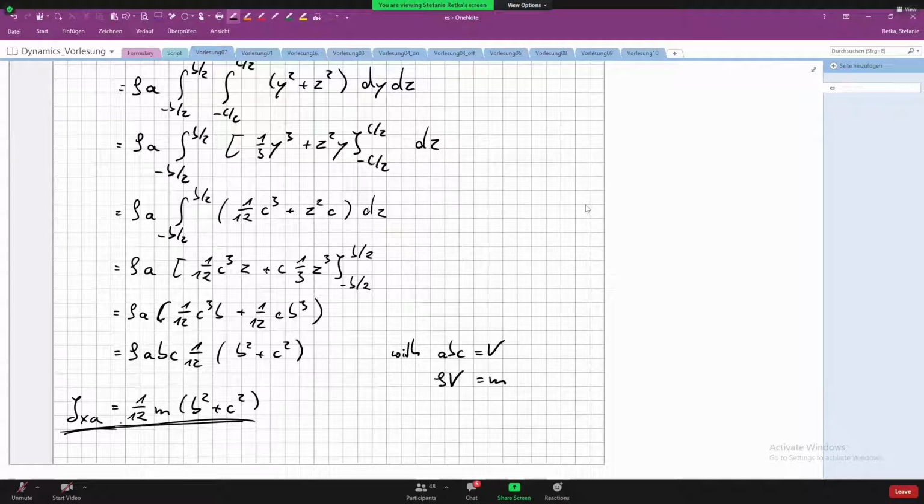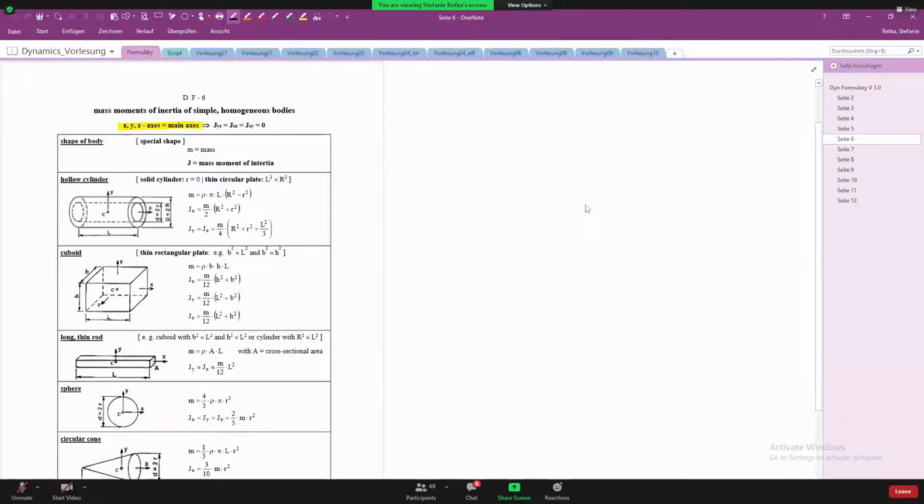This is how the integration works. General procedure for an arbitrary mass, arbitrary object. But of course, a cuboid is a simple structure, and we could just use the table to find the mass moment of inertia of the system. So let's have a look at the formulary. Here's our cuboid.